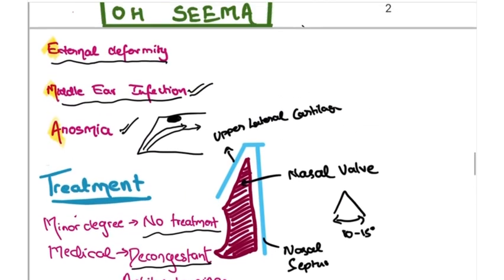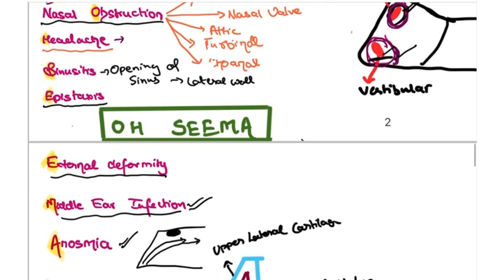Next is headache. If a spur impinges on the lateral wall, there are nerves and vessels which are connected also to the meninges. Any pressure on this will also affect the meninges and this will lead to headache.